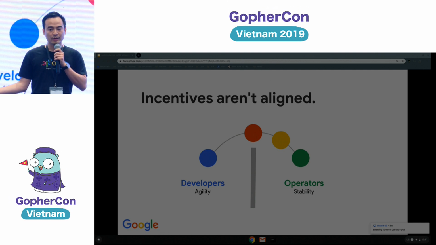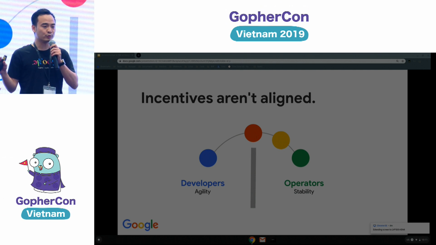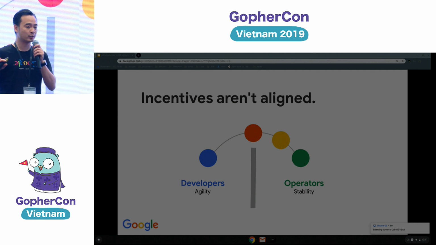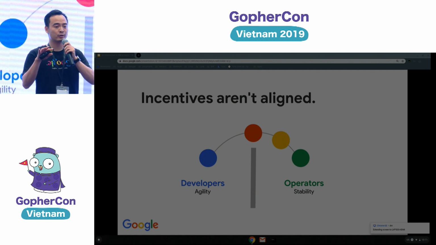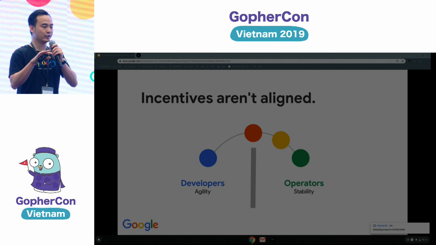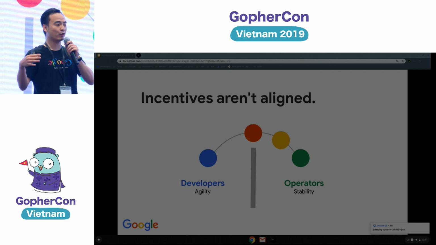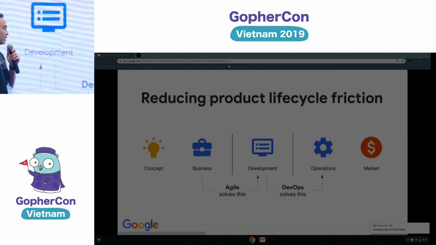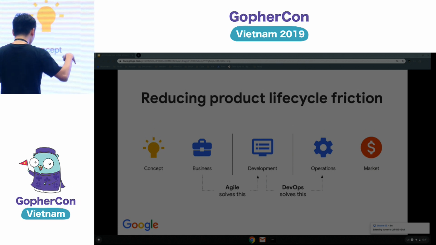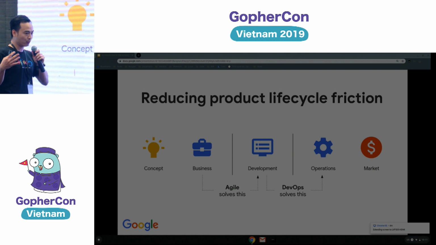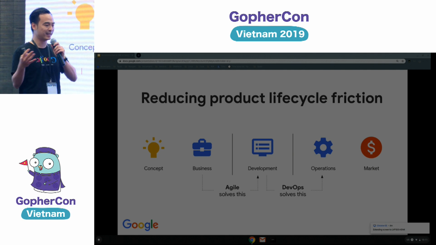On the other hand, operators want to slow down everything as much as possible to reduce the risk of a problem that may arise. And so we have some approaches to solve the problem to some extent.